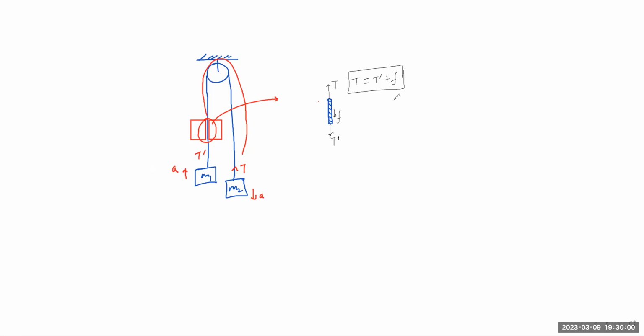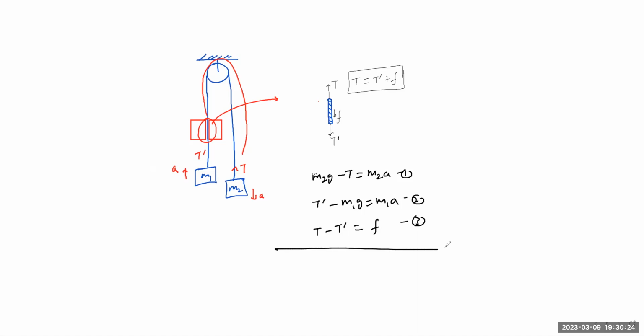Yes. So what you're going to write is M2G minus T equals M2A, and T dash minus M1G equals M1A. Then you will write T minus T dash equals F. They will give you F. And then of course you don't solve, try to add. If you add, the T gets cancelled, the T dash gets cancelled.